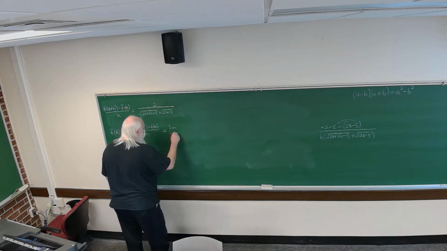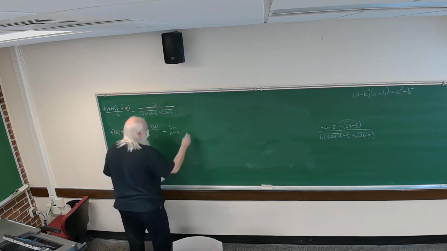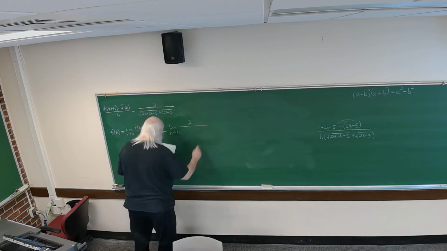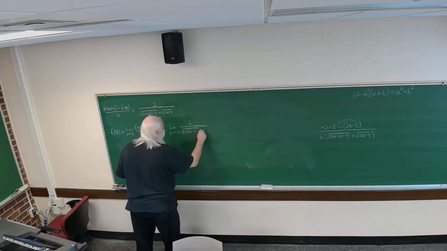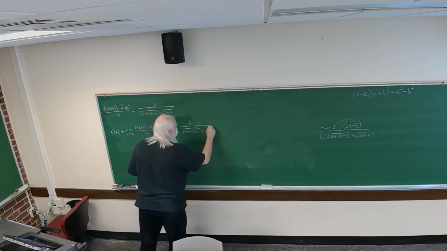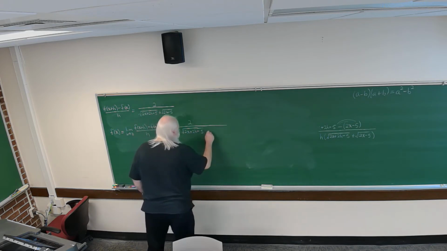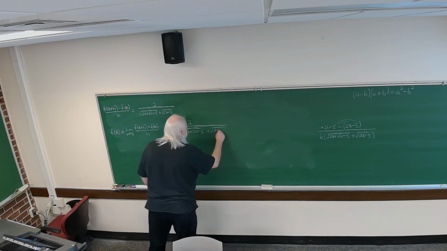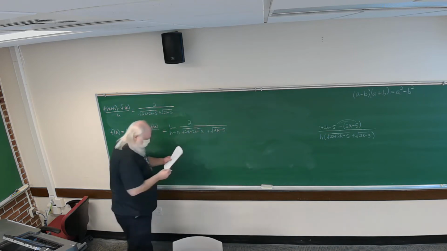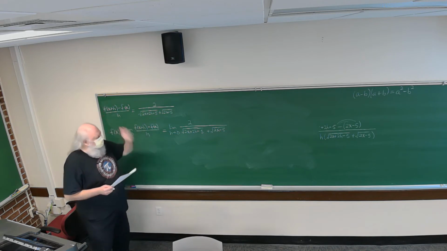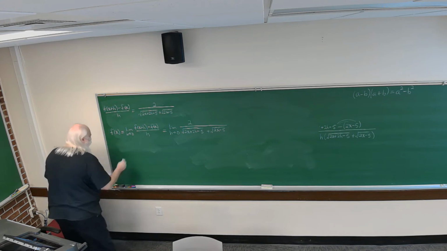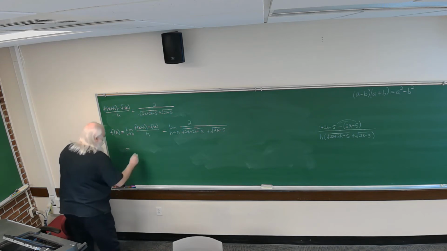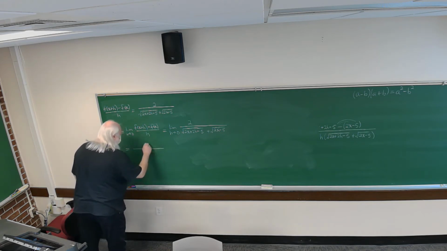The limit as h goes to 0, 2 over the square root 2x plus 2h minus 5 plus the square root 2x minus 5. And now we do the direct substitution. Put in 0 for h.